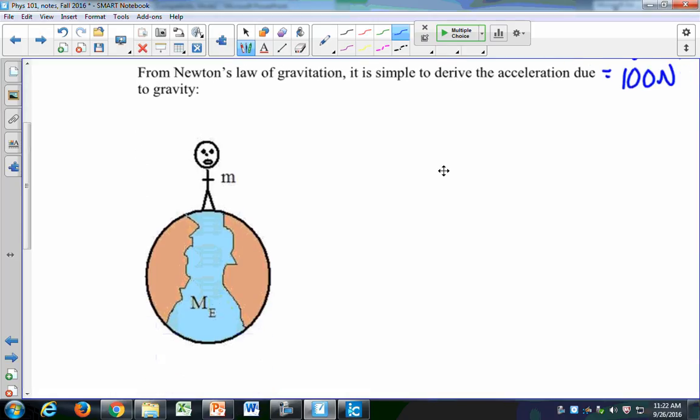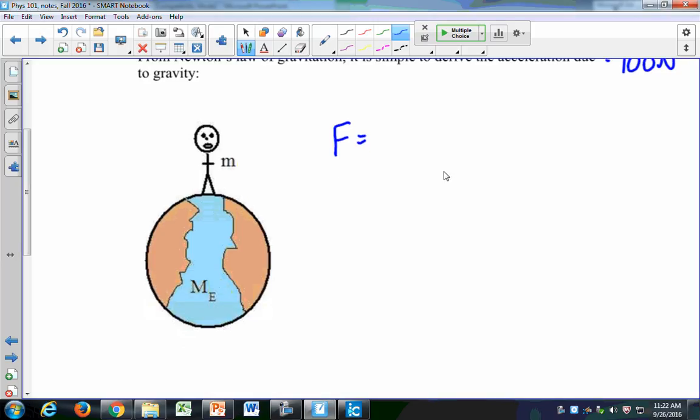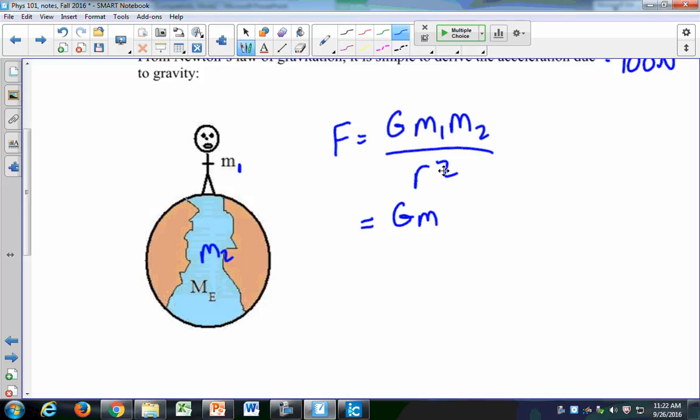Also, for Newton's law of gravitation, it's fairly simple to derive the acceleration due to gravity. I'm not going to require you to do this, but since it's a simple derivation, I'm going to show it to you here. I know from Newton's universal law of gravitation that F is equal to G times m1 times m2 over r squared, right? The force between two objects. If I call m1 the mass of me and m2 the mass of the Earth, I'll rewrite this as G little m, big M, that's the mass of the Earth, divided by the radius squared.